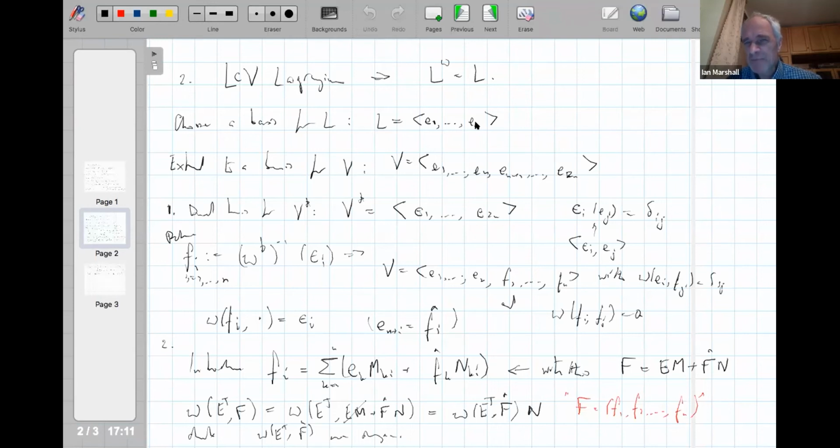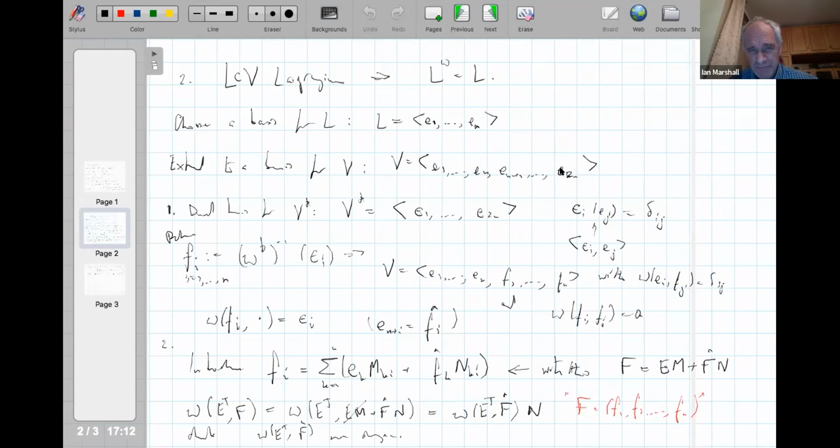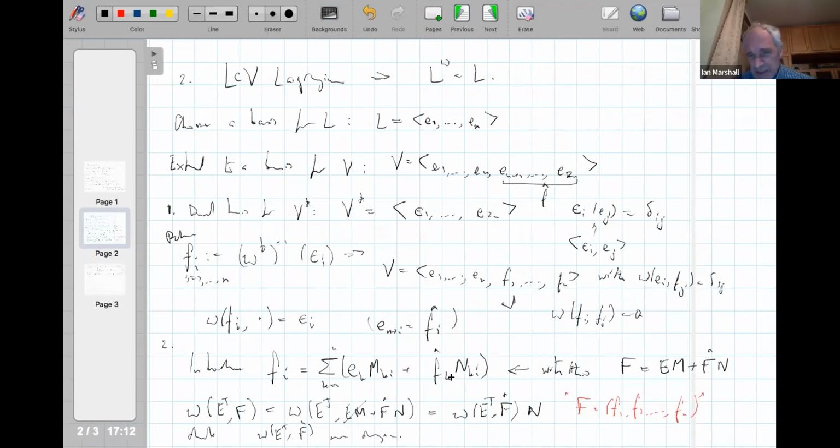So I'm free to construct this F. I start off by extending the basis from V to this, and then I introduce F hat, this second group of E's. Okay, yeah. Now I see it. And now I'm free to do this.